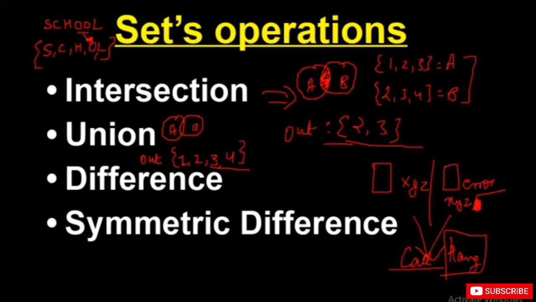Now, what is the difference? Difference is simply subtraction, but not in the simplest way. Here we have 1, 2 and 3 in set A and 2, 3 and 4 in set B. If I have to find the difference between A and B, I just subtract the elements of B from A. So the answer is actually 1.